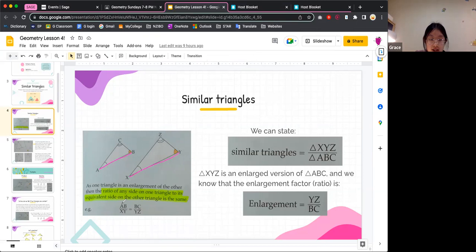The ratio between AB and XY is the same as the other equivalent sides, BC and YZ. So their ratio is the same. You know how the line means dividing, right? So AB over XY is the same as BC over YZ. And this is a bit of notation if you want to say that they're similar.